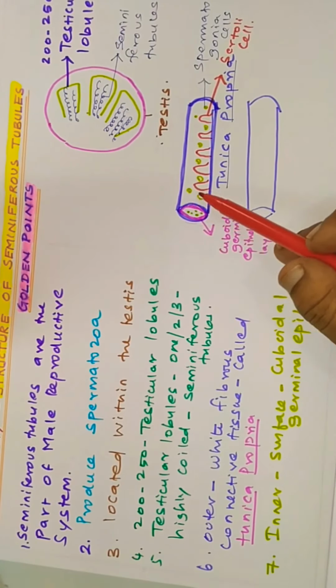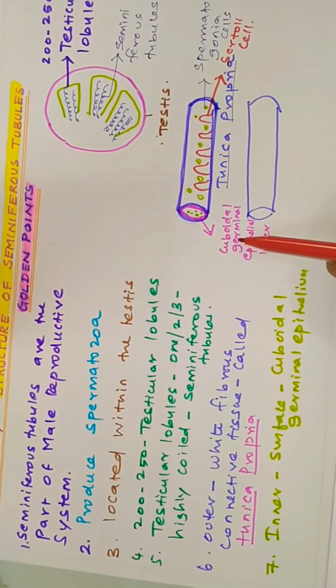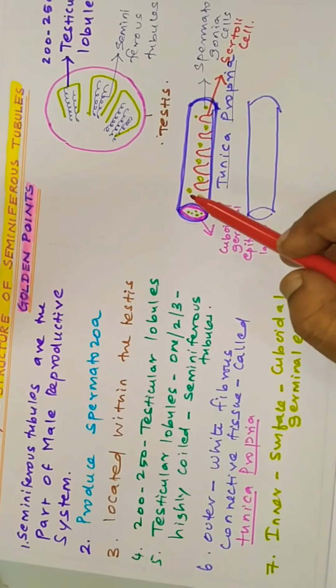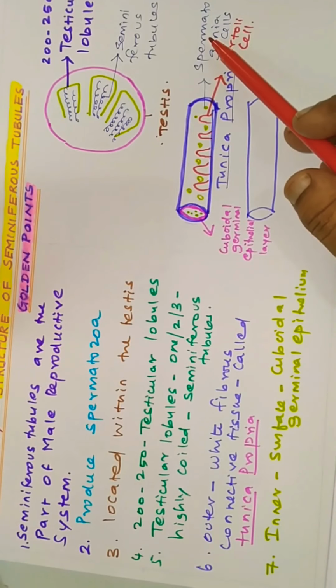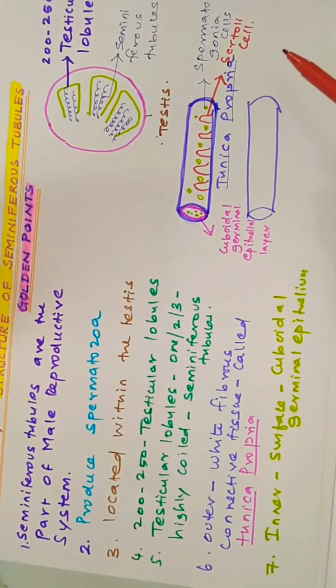So there are two kinds of cells present in the cuboidal germinal epithelial cell: one is the spermatogonia cell, the sperm mother cell, and another one is the Sertoli cell.